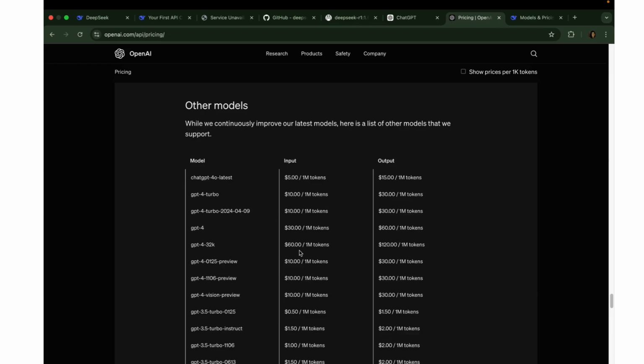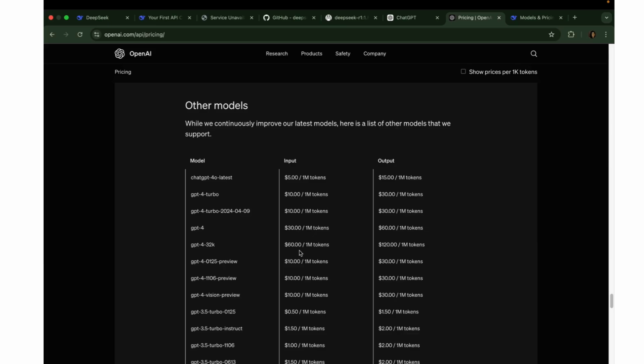So your overall cost is the input, $0.03, plus your output, $0.12, and overall it comes to around $0.15 for that particular interaction. And for the 32K context window, it's double, costing you around $0.30.